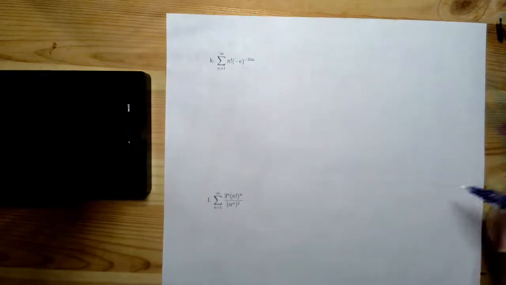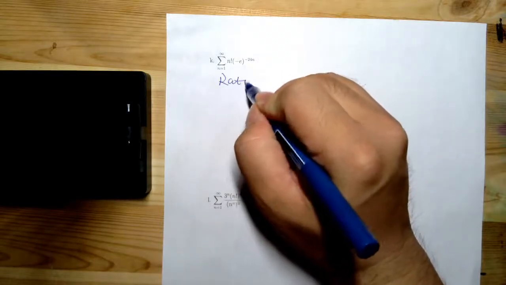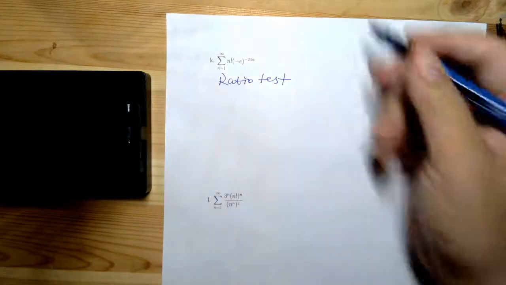Now look at this. This is n factorial times (-e^(-24))^n. For this one, the best approach is going to be the ratio test.